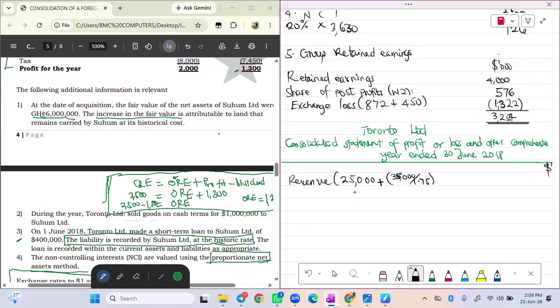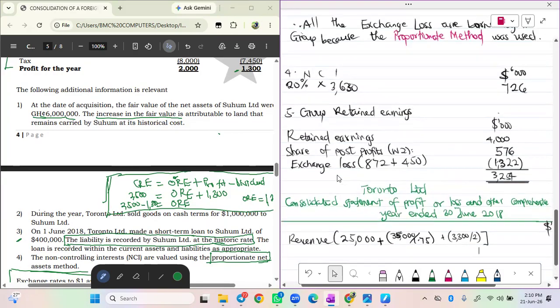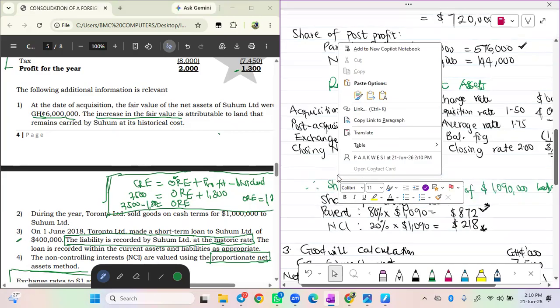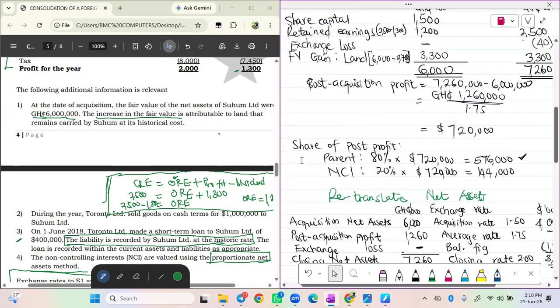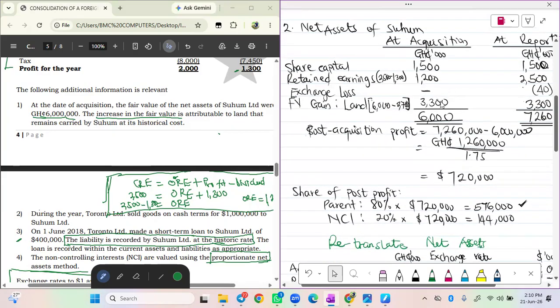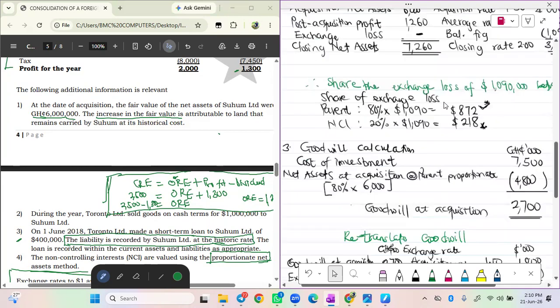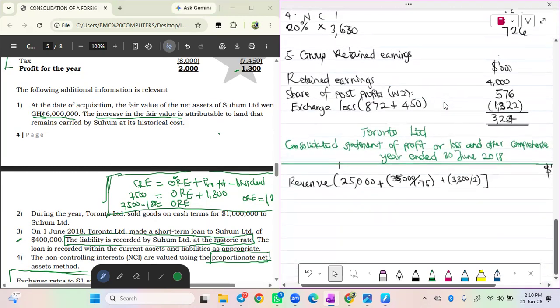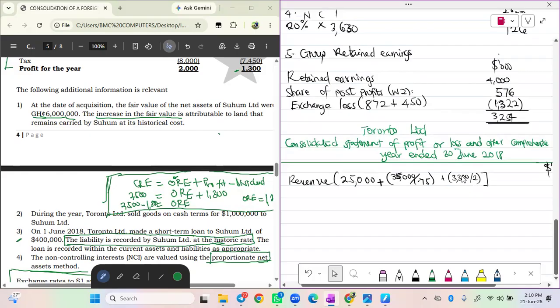So that one has closing. This one, the favorable gain. So please, what is the answer? This figure, this is what we retranslated, but that one will be at the closing, because that one is not a P&L item.